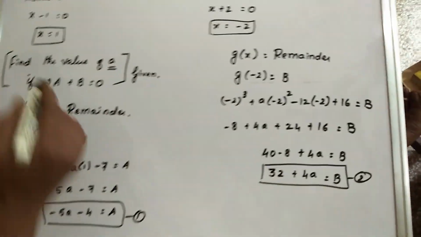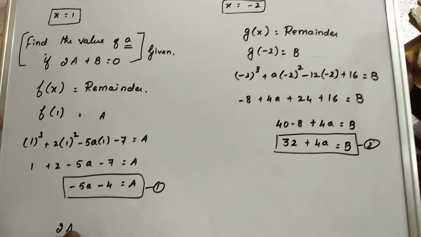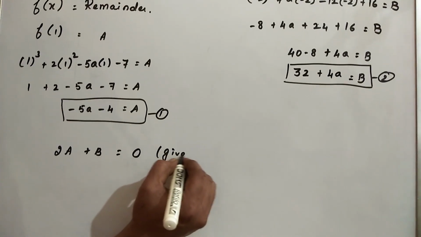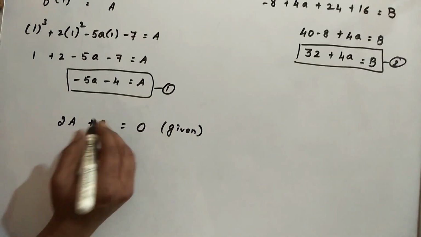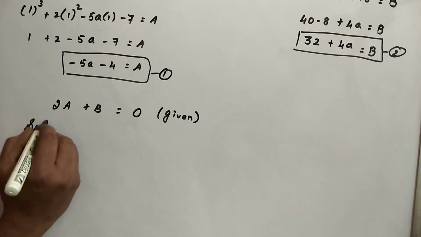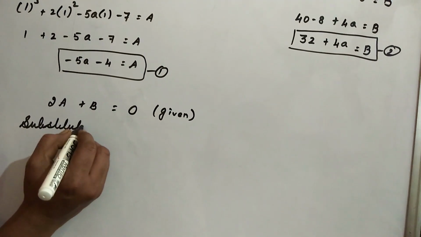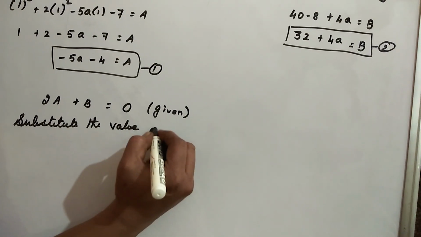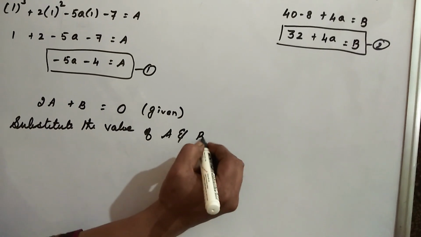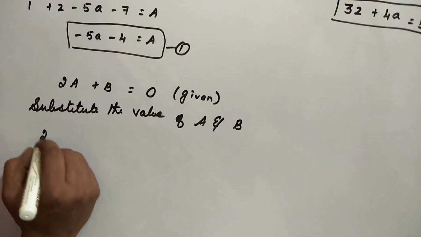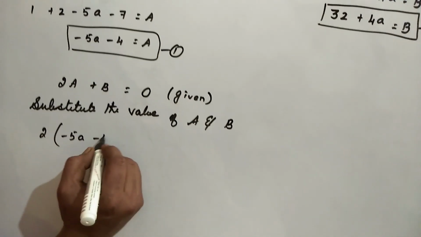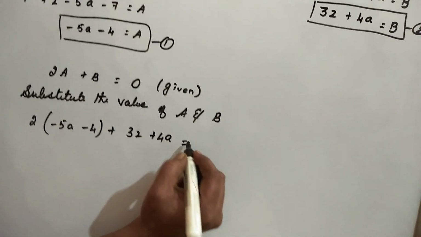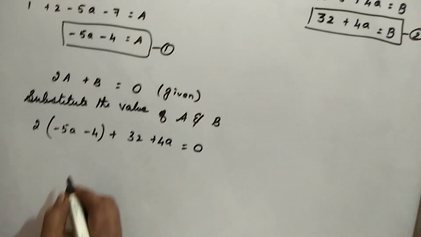And what is given in the question? 2a plus b is equal to 0. Now substitute the value of a and b. So 2 minus 5a minus 4 plus 32 plus 4a is equal to 0.